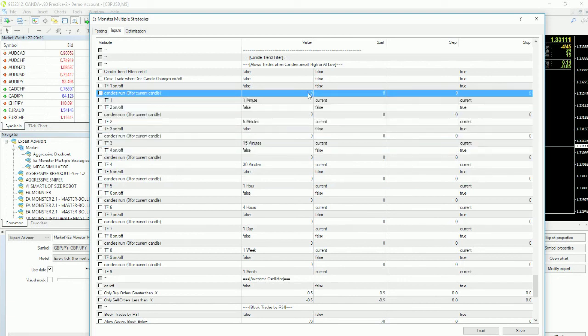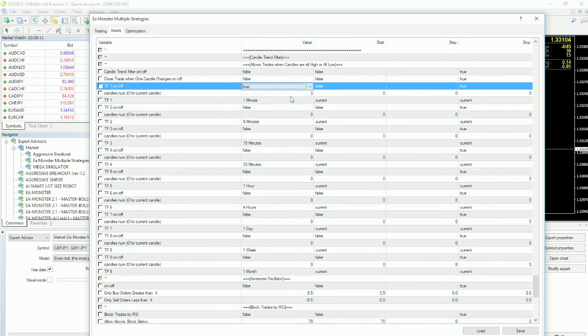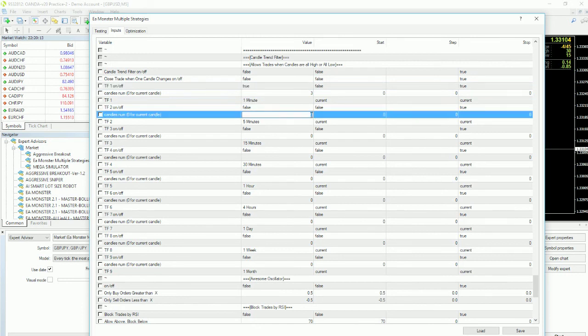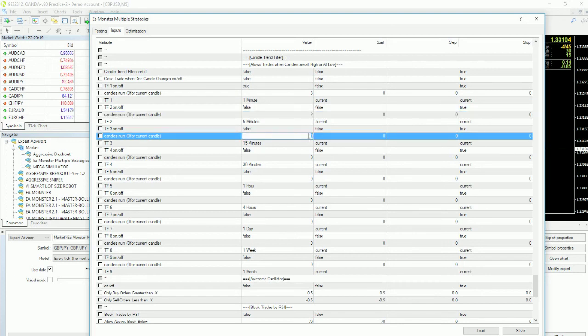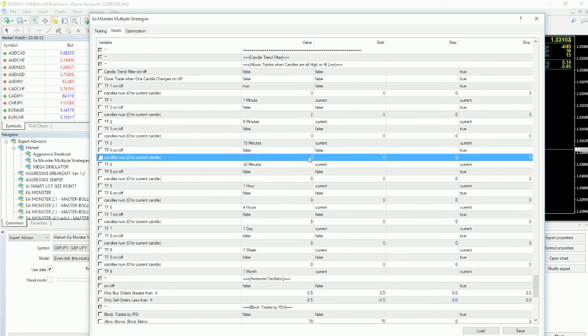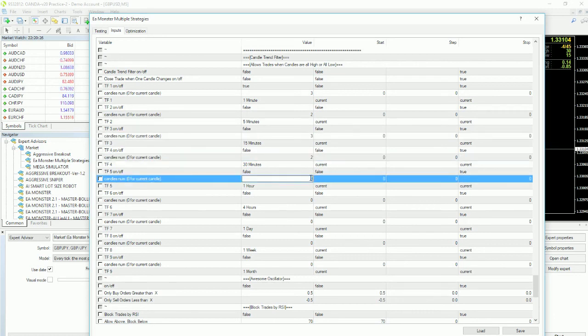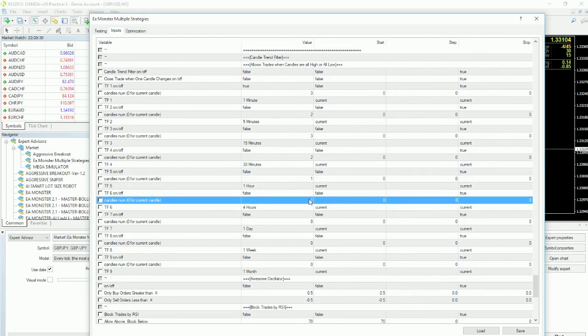You can have, you want to have 3 M1 candles open, and 2 5-minute candles open, and then 3 15-minute candles, and 2 30, all going in the same direction, and 1 1-hour candle and 1 4-hour candle. So you know, oh wow, this is really going in that direction.